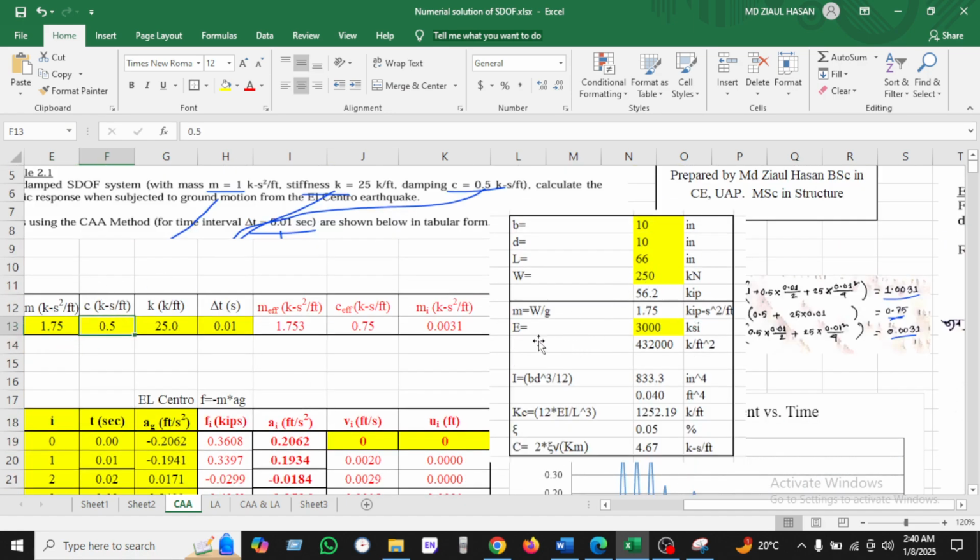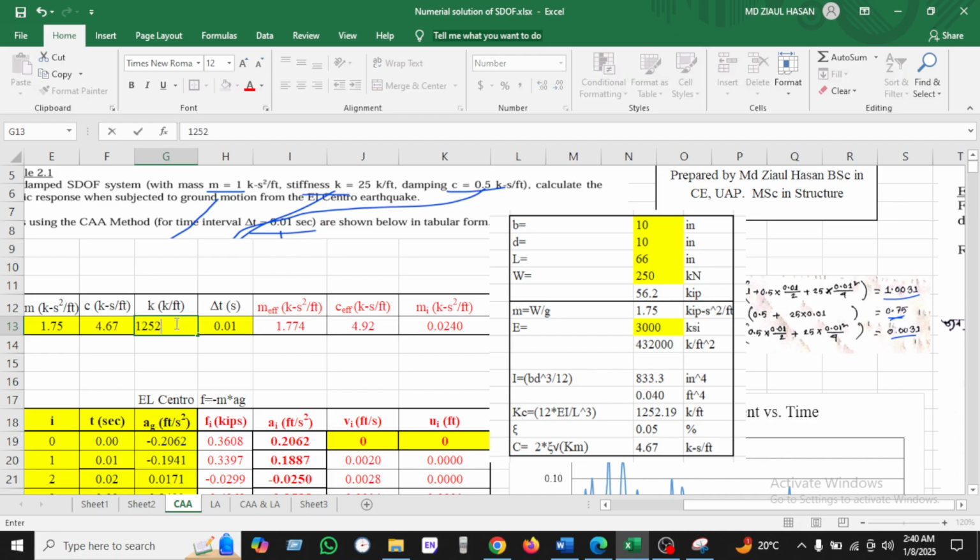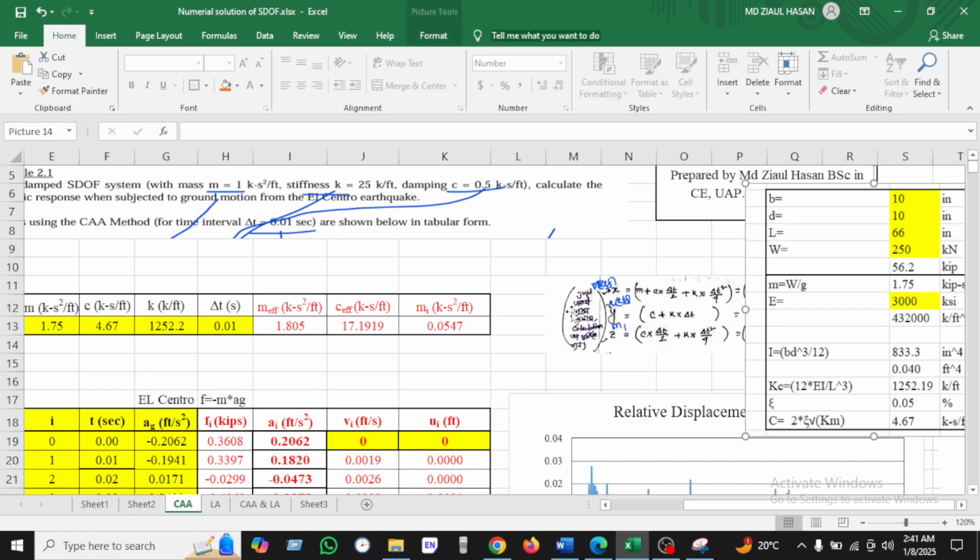C we have found 4.67, and K effective we have found 1252.19. Okay, the rest will be changed.